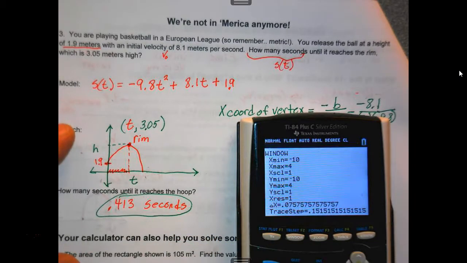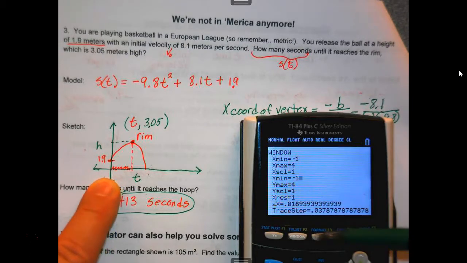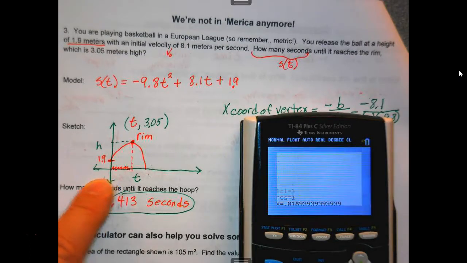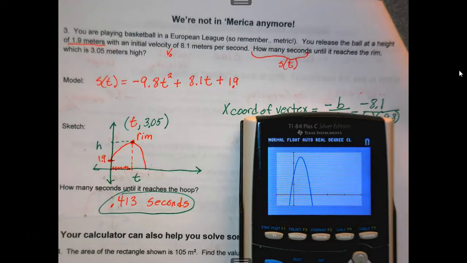So for my minimum, for my x and y, I could even go to -1, and I don't need any negatives there. So I can put like -1 there. I'm doing that all through that window button. Okay. Now when I graph, see how I get a nice cropped picture of the parabola. It's just something you're going to have to get used to. Okay. Takes practice.